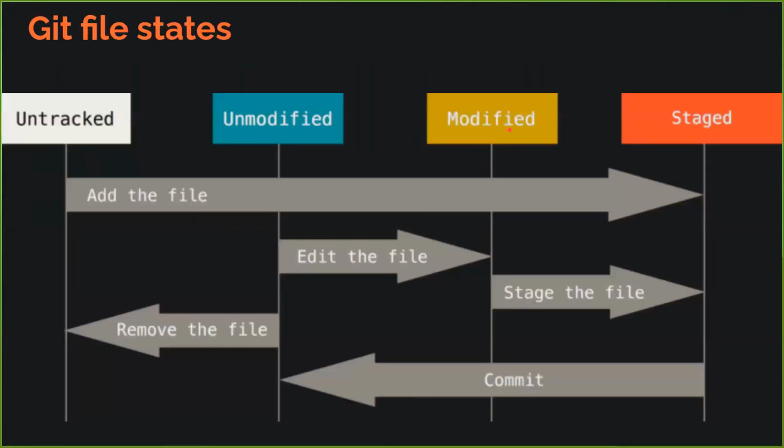Then staged. This is something that we'll talk about. Staged files. You are working on a project, you changed one file. Now maybe you changed two files. You were implementing a new feature, and the second file that you changed is not working as it should, right?